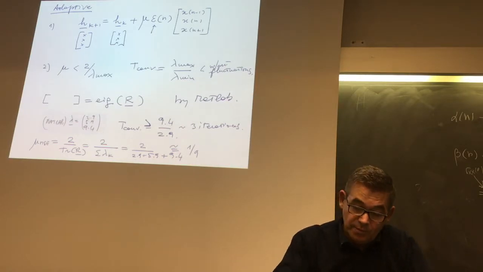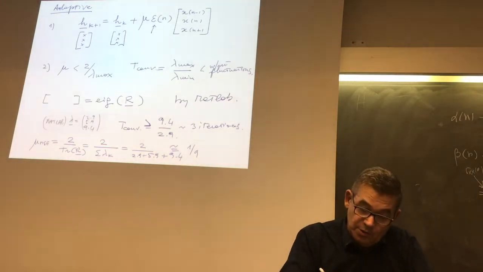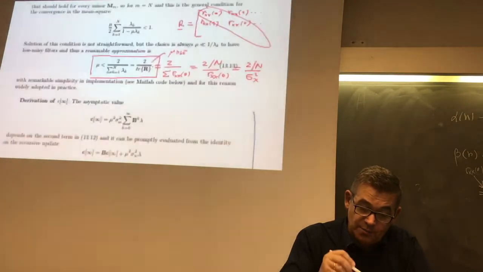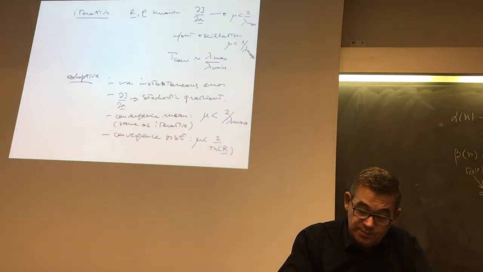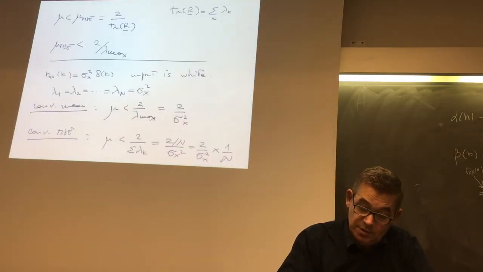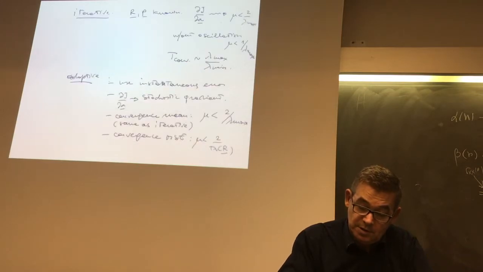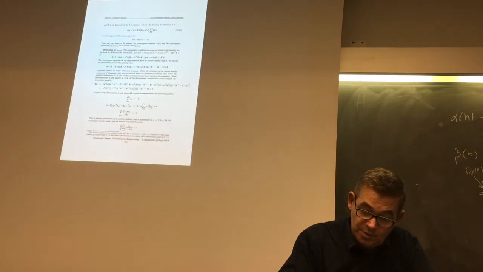So now we need to say what the time for convergence is. Then I go to the book and I see. The book tells me that in order to converge, where is it? Now the time for convergence, where is it? I didn't compute it.